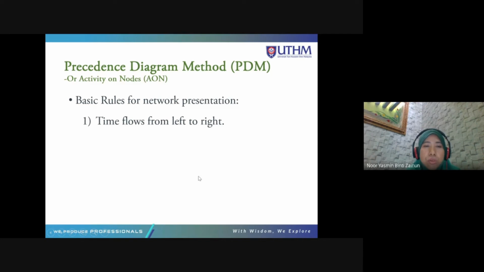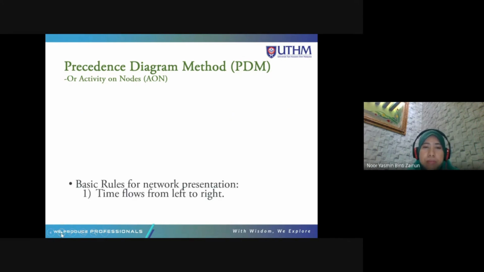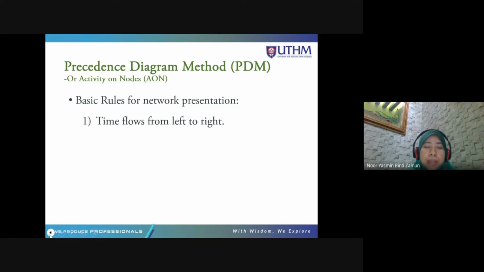Okay, so the rule is time flows from left to right. It cannot come from other places, from left to right. Because this is the activity, this is where the activity starts. So from left to right. That is the basic rule. Okay, it cannot come out from the top.